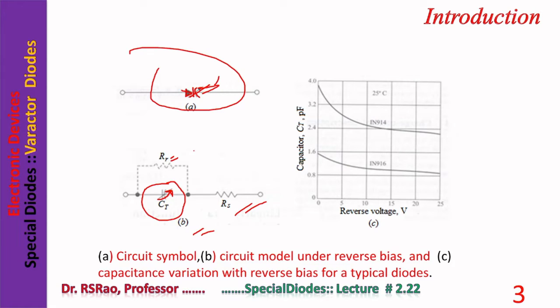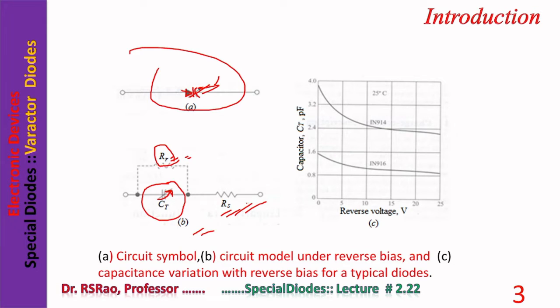It doesn't exist. In practice, under reverse bias, the diode is not an open circuit, but it acts as a very high resistor. That resistance is RR. For most cases, RR can be ignored.